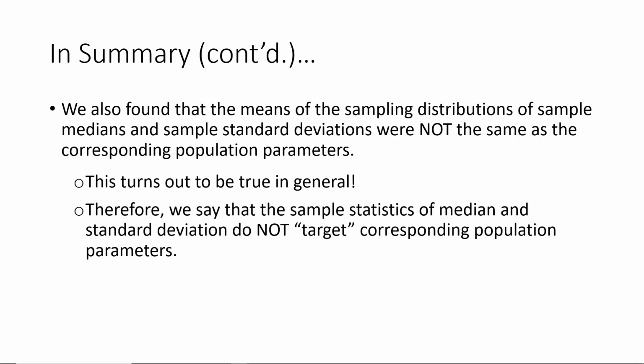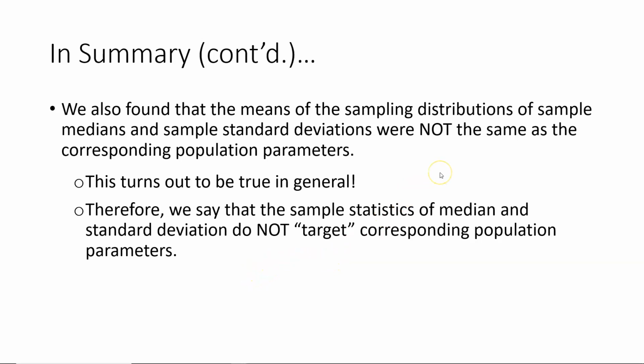However, we also found that the means of the sampling distributions of sample medians and sample standard deviations were not the same as the corresponding population parameters. And that turns out to be true in general also. Therefore, we say that the sample statistics of median and standard deviation do not target corresponding population parameters.